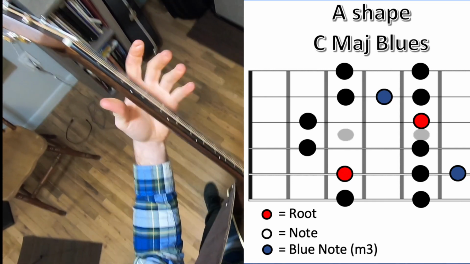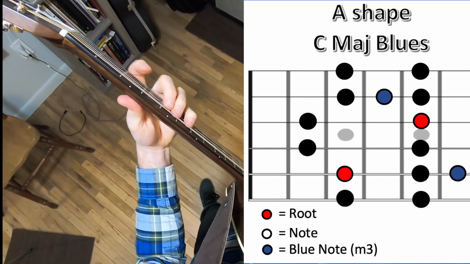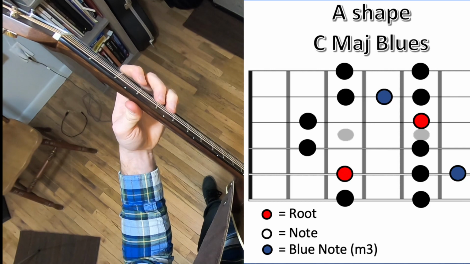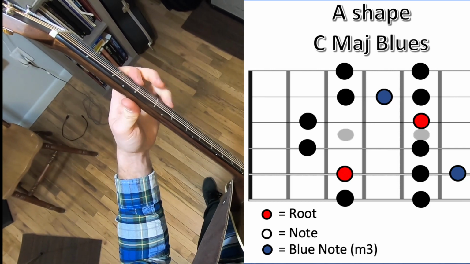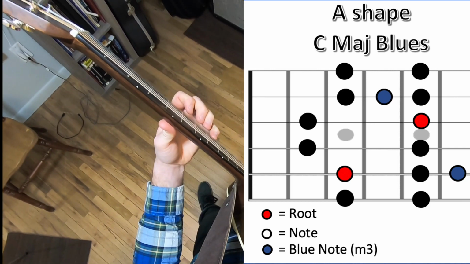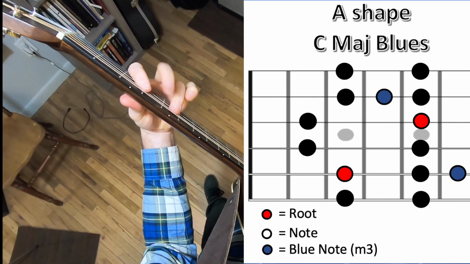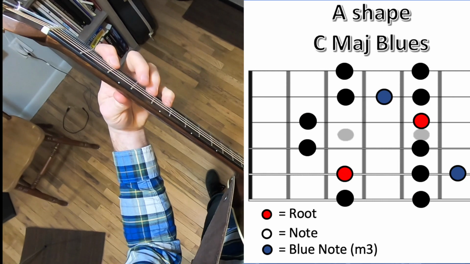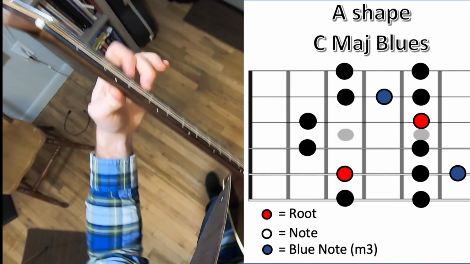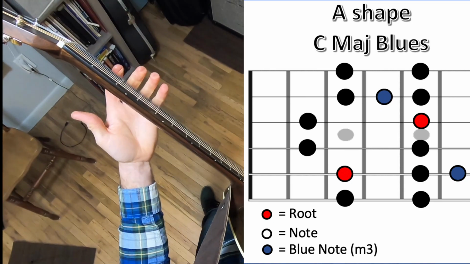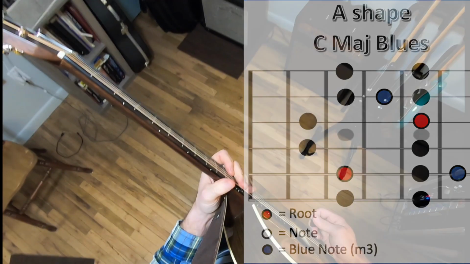But one of the ways I play it is like this, or this, and then here's the octave if you want to do that. So you've got a blue note right there, blue note right here, and that's the blues scale.